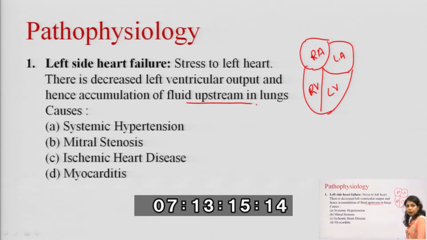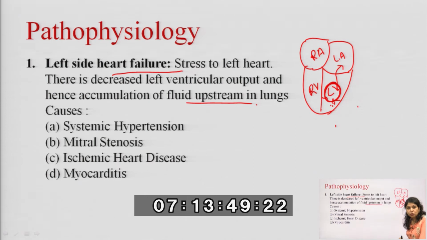Now, I am talking about left side heart failure. In left side heart failure, the left ventricles are not contracting properly, not able to pump out sufficient blood. So the blood which is accumulating in the left ventricle, where will it go when the heart is not pumping it out? This blood will go back into the left auricle.